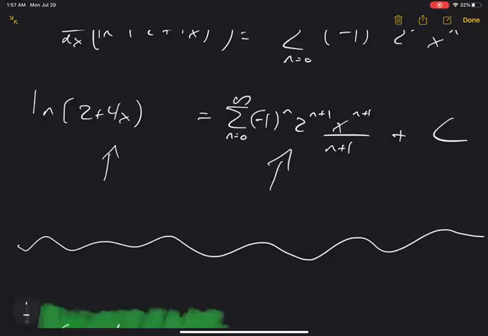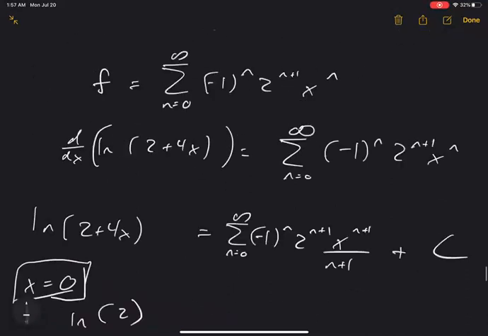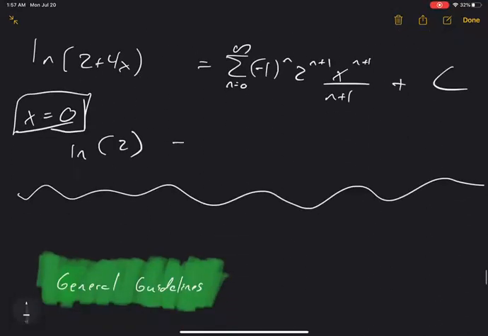So what would be an easy value to plug into the left side? How about 0? So let's say I plug in x equals 0 to the left side. What would I get on the left side? I'll get ln of 2. And then if I plug a 0 into the right side, what do I get? Don't overthink it.